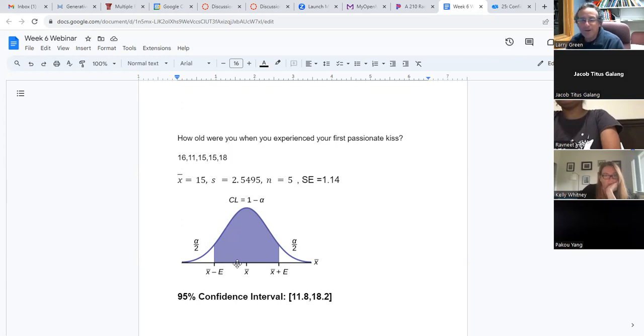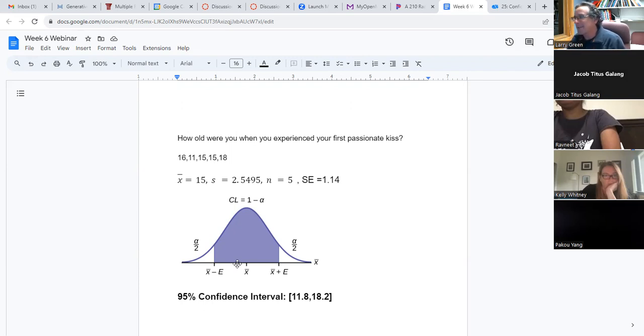For example, I can be 99.999% confident that the age of first kiss is between 0 years old and 150 years old. But how much meaning does that have? Have you learned anything? Yeah, I haven't told you anything. It's totally useless.